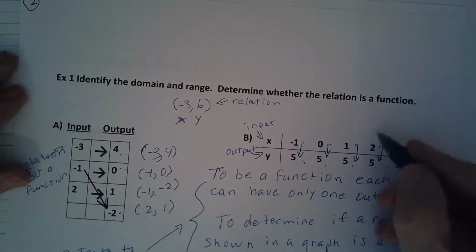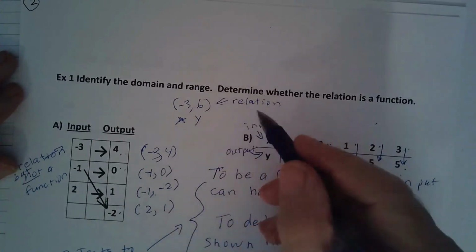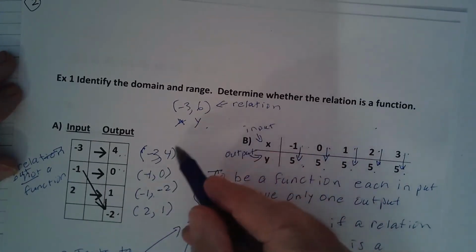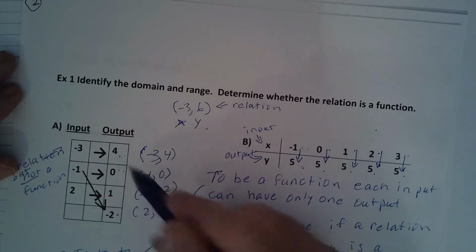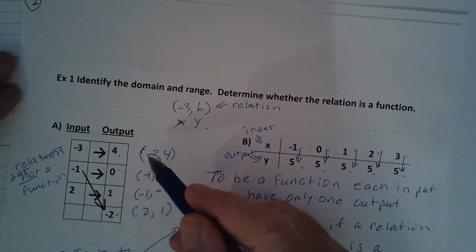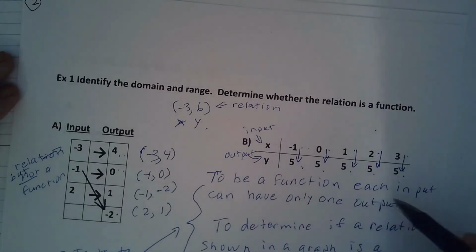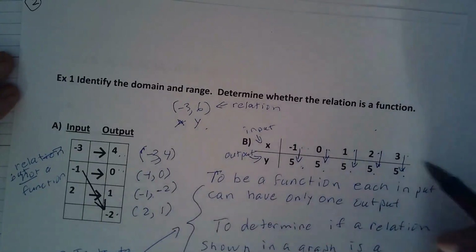Okay? This one is a relation all by itself because there are no other coordinates. This one is a relation because, again, it doesn't pass, it has more than one output for each input.